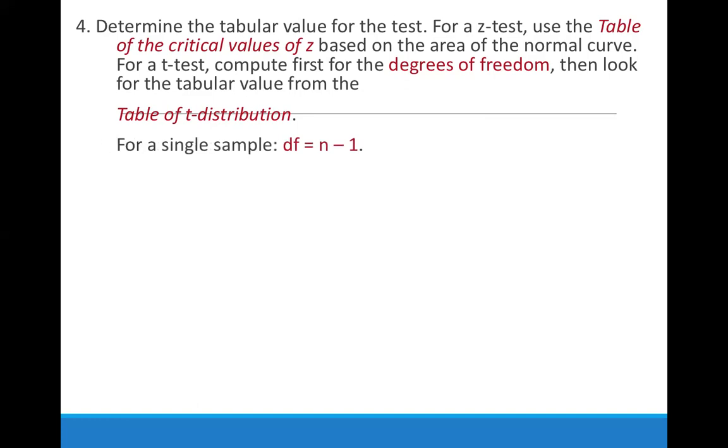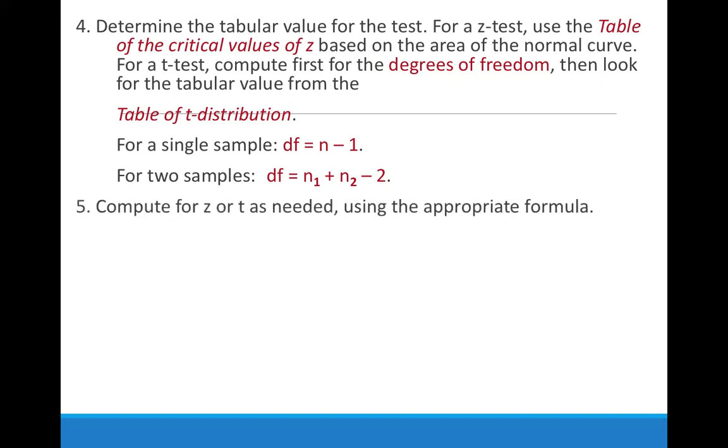For a single sample, the degrees of freedom is equal to the sample size n minus 1. And for two samples, the degrees of freedom is equal to n sub 1 plus n sub 2 minus 2. These are the sample sizes of the two groups.